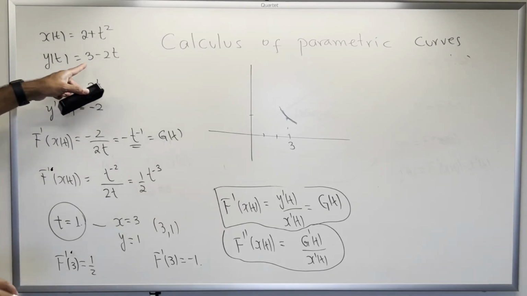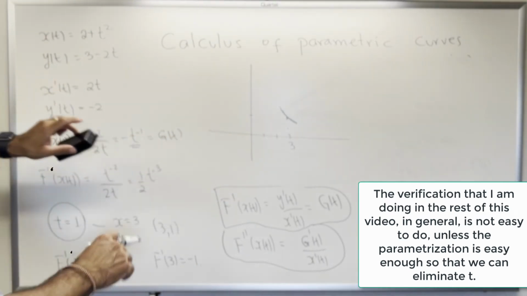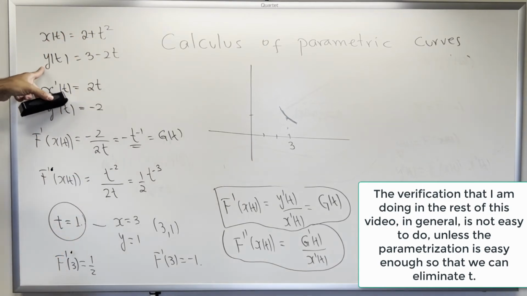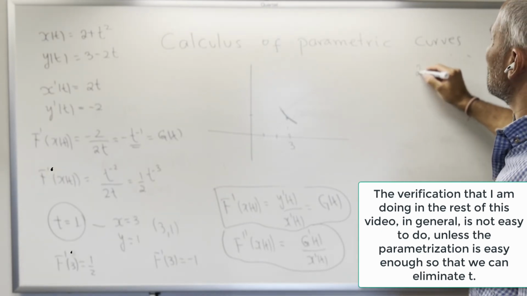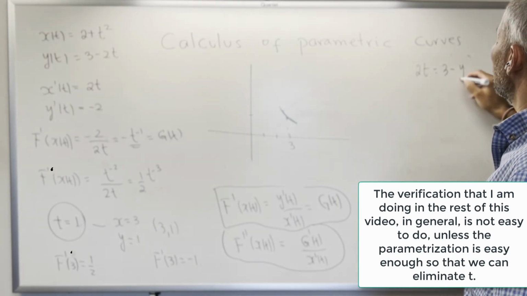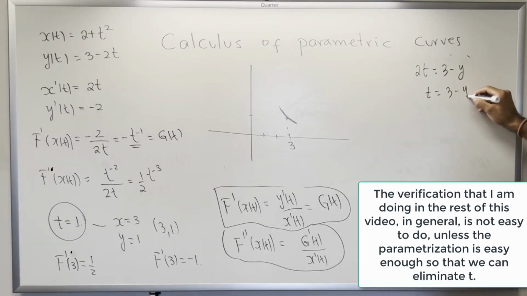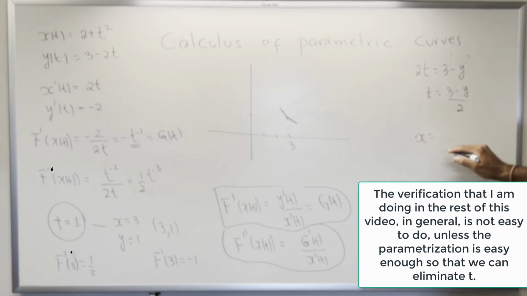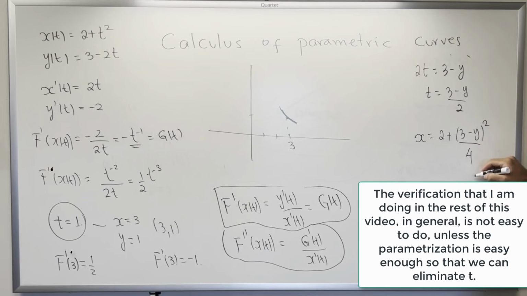Let's see if we can eliminate the t and see how this fits into the whole graph of this parabola. If we solve for t, we get 2t is 3 minus y, and that means that t is (3 minus y) over 2. And then x would be 2 plus (3 minus y) squared over 4.